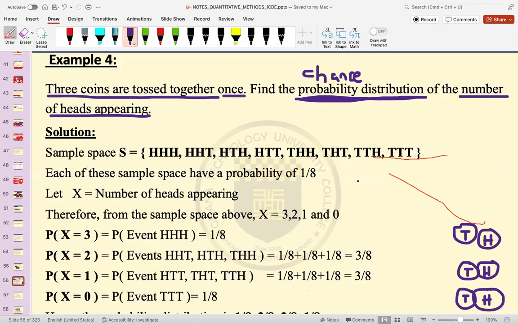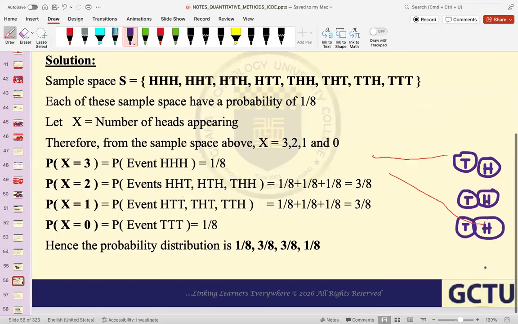All we want to know is what chance do we have if we throw all these 3 coins and, when they land on the floor, the first coin will show head, the second coin will also show head, and the third coin will also show head.